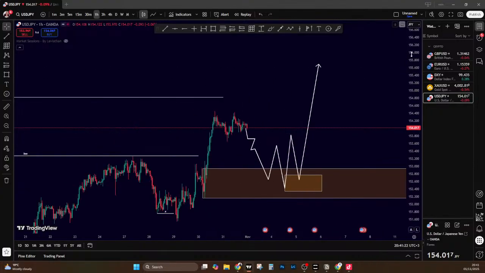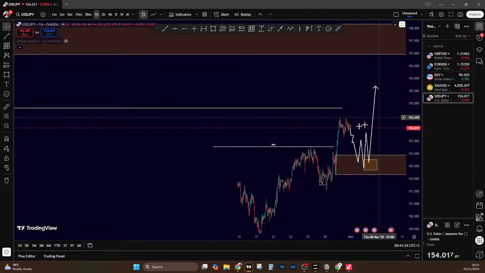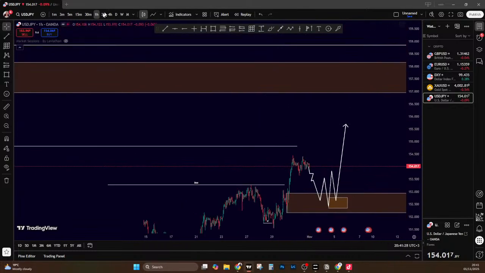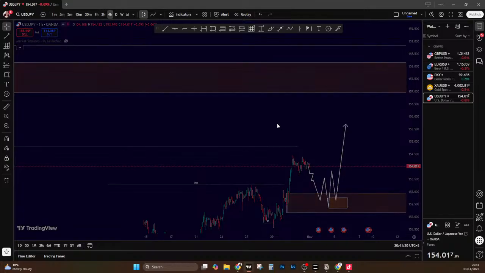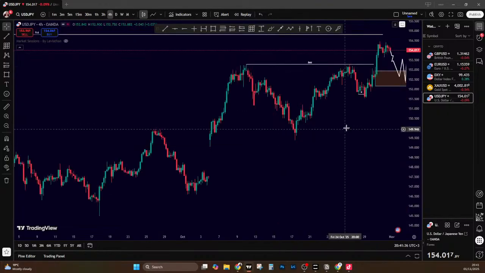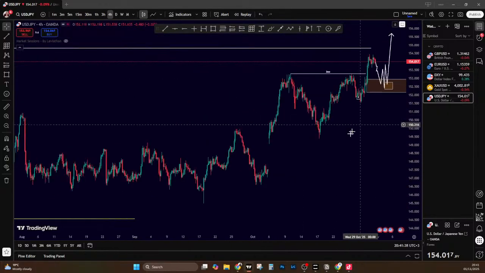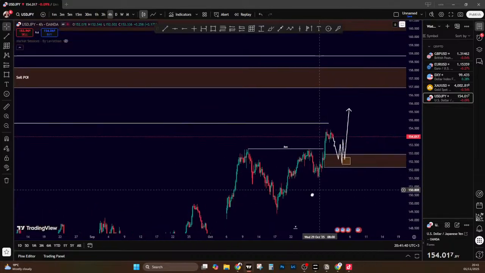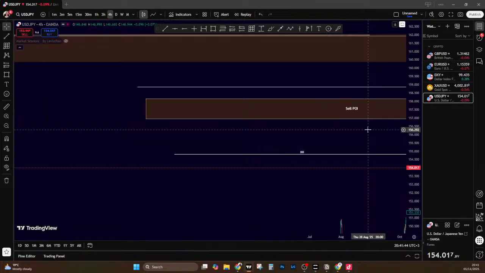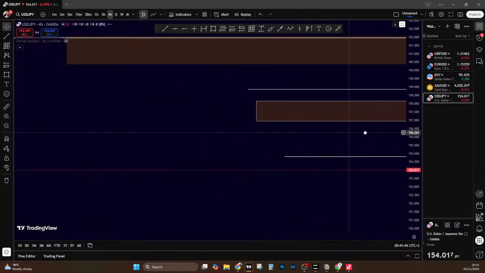Now you can move with this buy because it has already shown signs of buying. You can move with this buy until this area. Let me see, just a minute. Yeah, you can move with this buy until where we have the last liquidity, which is this one.